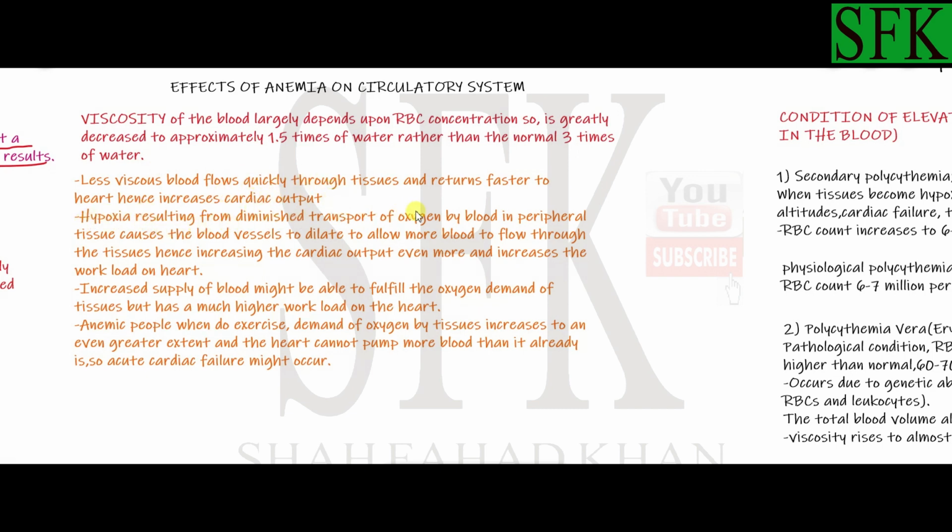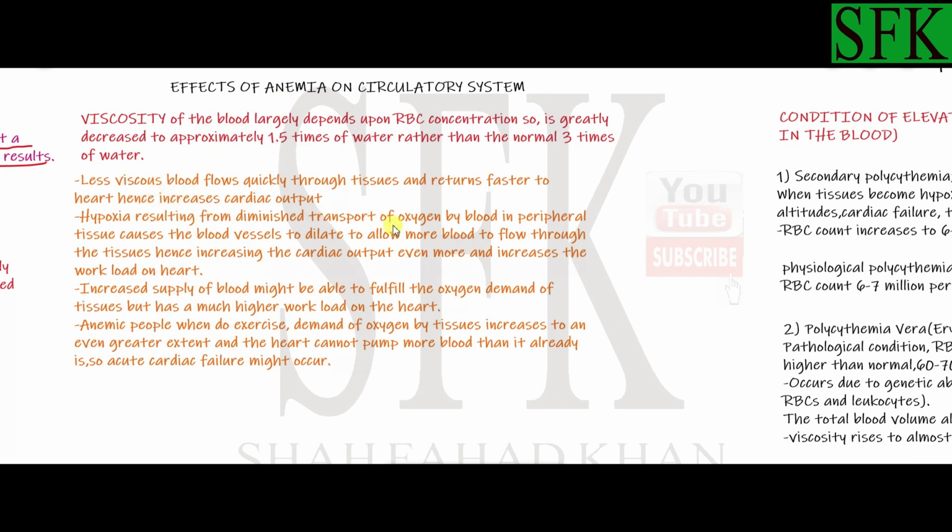Hypoxia resulting from diminished transport of oxygen by the blood in the peripheral tissues causes the peripheral blood vessels to dilate, allowing more blood to flow through the tissues, hence increasing the cardiac output even more and increasing the workload on the heart even more. So basically, the viscosity decreases, and since it's anemia, the hemoglobin concentration is less in the tissues.